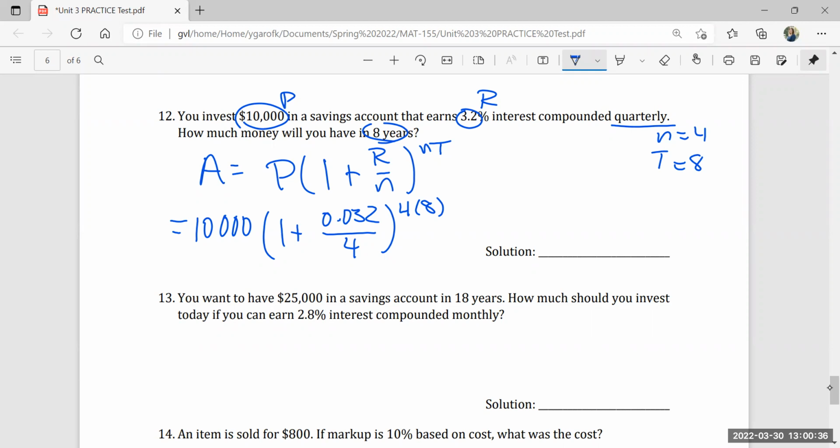And that's going to be somewhere around $12,904.38, roughly.